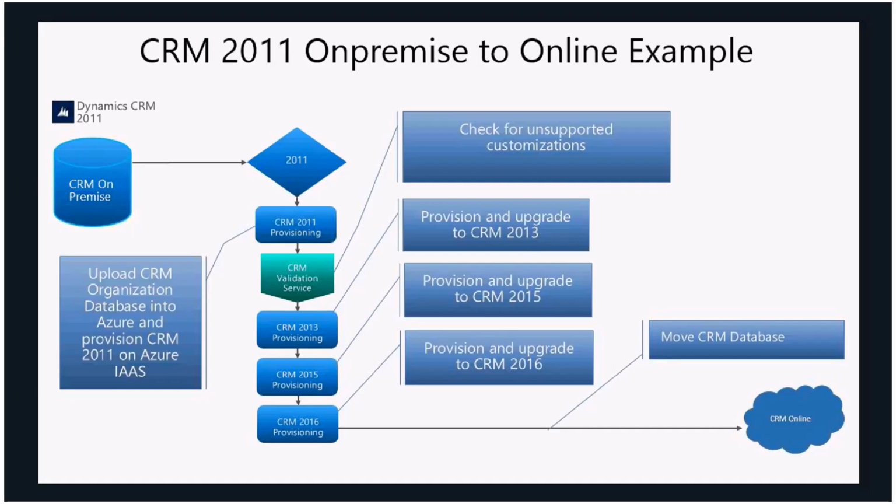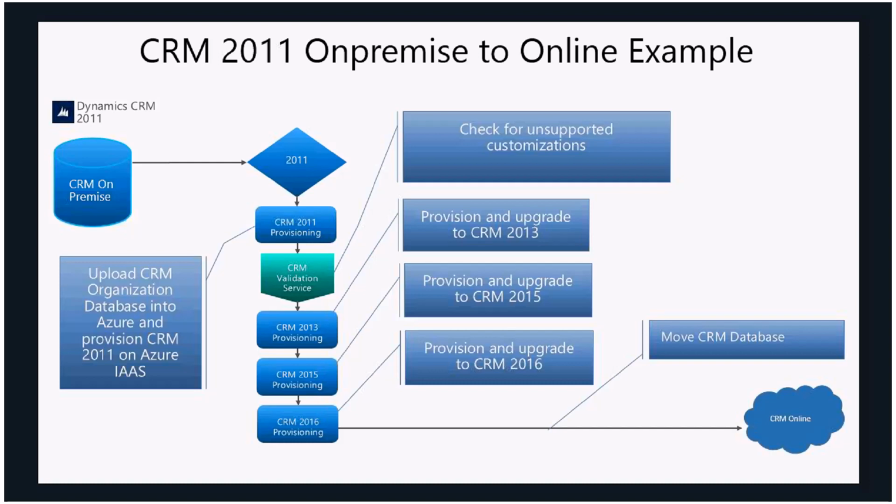Okay, now we will jump into the tool itself. Before we do that, here's an example if you are coming from CRM 2011 environment. So as you have seen before, if you're coming from CRM 2011 environment, we take the backup of your DB, upload it to the blob container inside of your storage account that was created by you, and the blob container created by the tool itself.